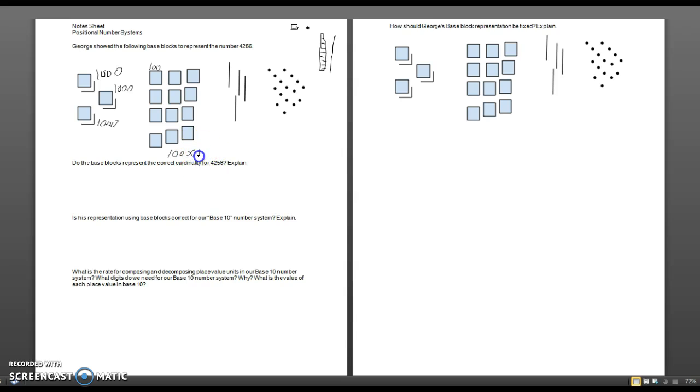All right? Each of these is worth 10. So this is going to be 10, and I've got 4 of them, times 4. Then I'm going to count up my units. 1, 2, 3, 4, 5, 6, 7, 8, 9, 10. Lost count. 1, 2, 3, 4, 5, 6, 7, 8, 9, 10, 11, 12, 13, 14, 15, 16.